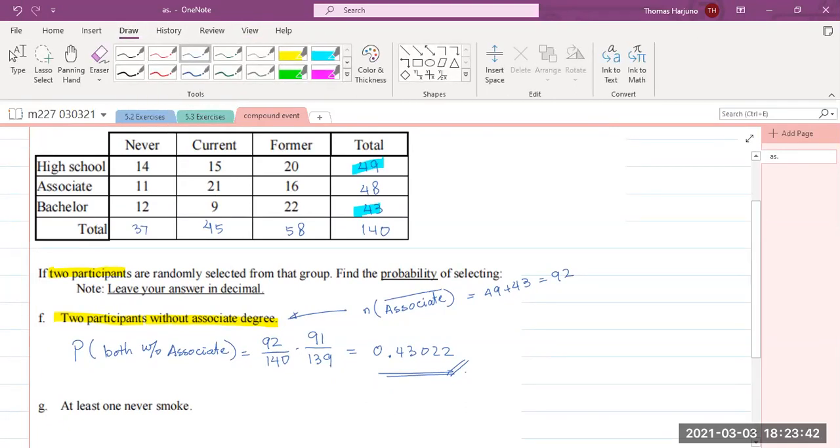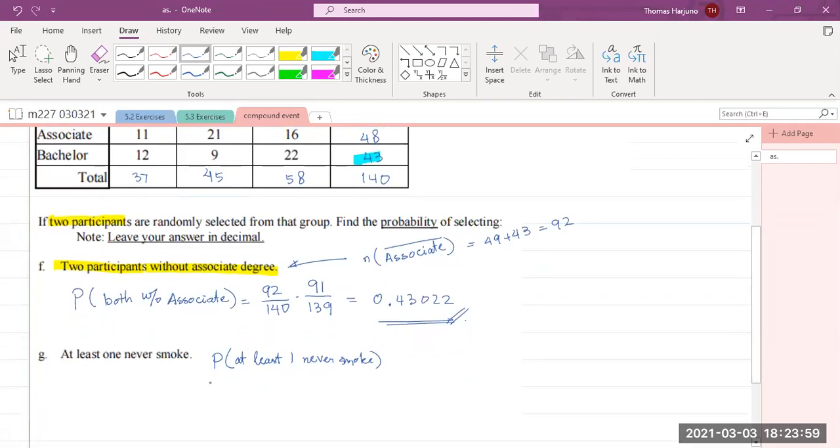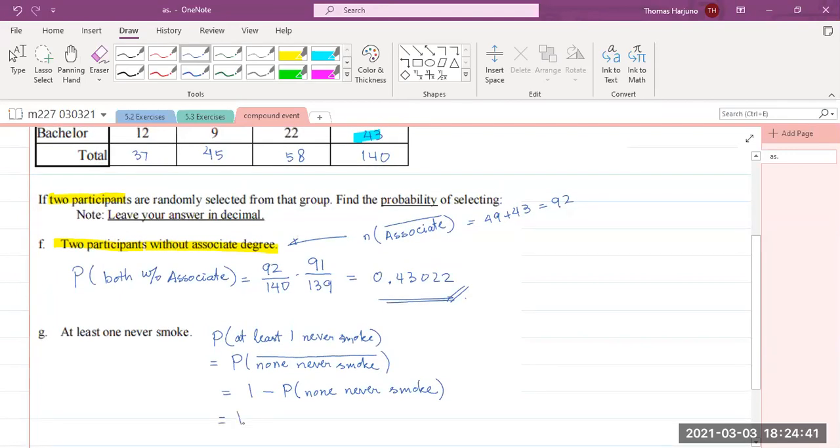The probability at least one never smoke is the complement of none of them never smoke, which is 1 minus the probability that none of them never smoke.